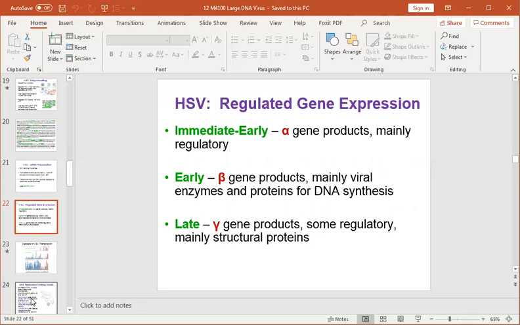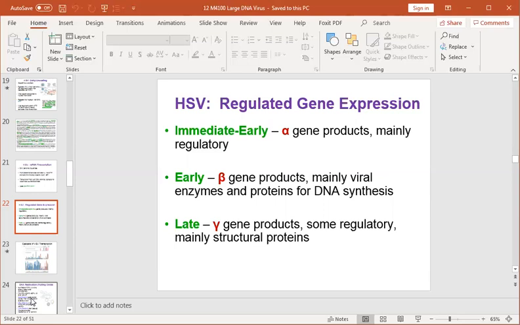Immediate early gene expression results in production of alpha gene products that are mainly regulatory, whereas early gene expression results in beta gene products that are mainly viral enzymes and proteins that are required for DNA replication.